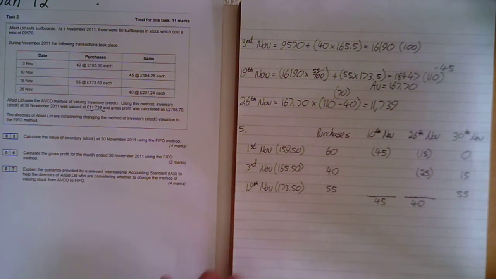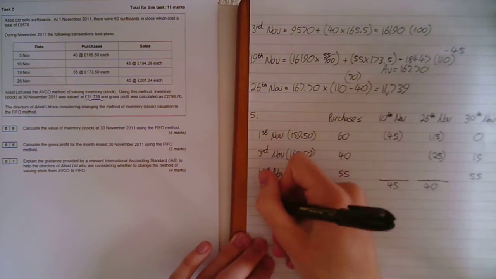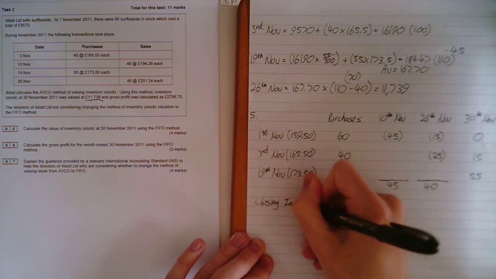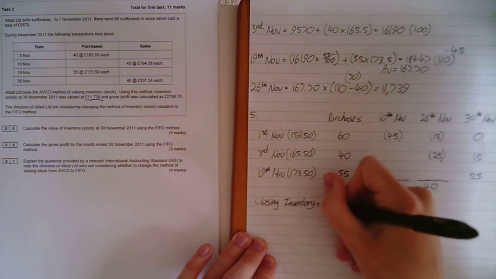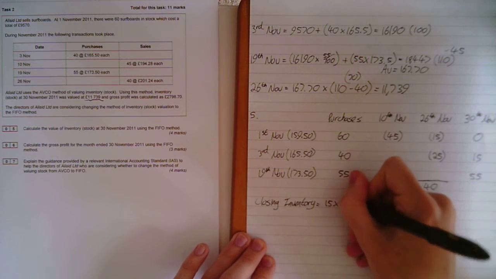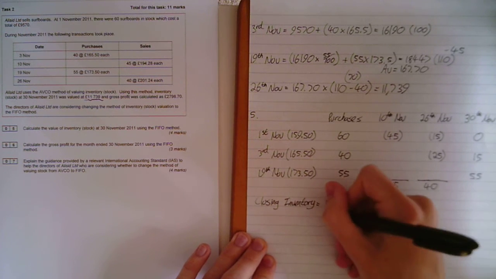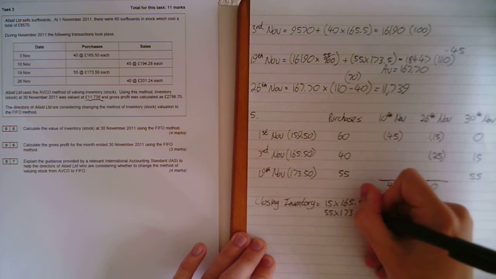So how am I going to work out the closing inventory now? Well, it's relevant. These are now very relevant. So closing inventory equals 15 times by 165.50, and then we've also got 55 surfboards which we also purchased at 173.50.